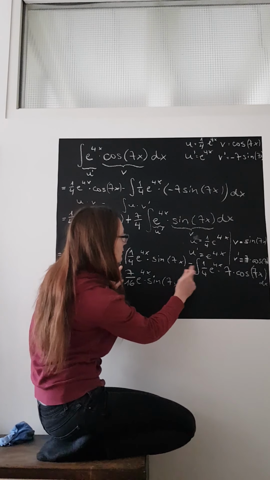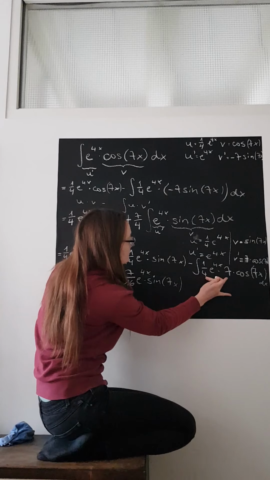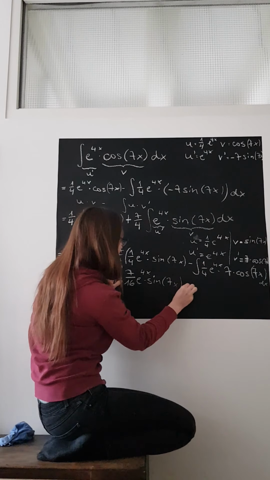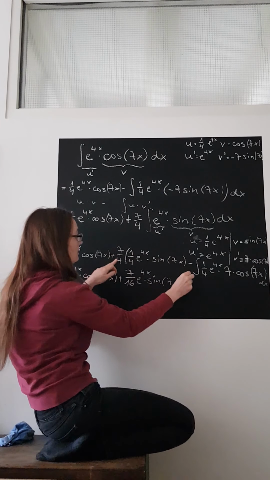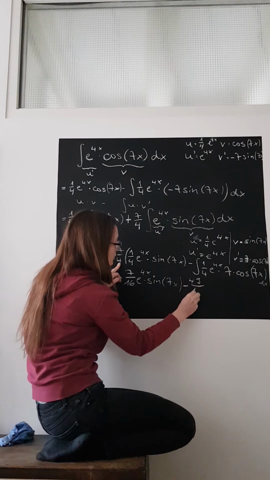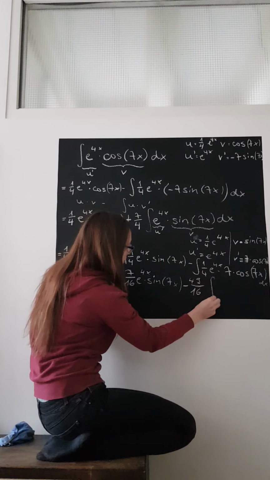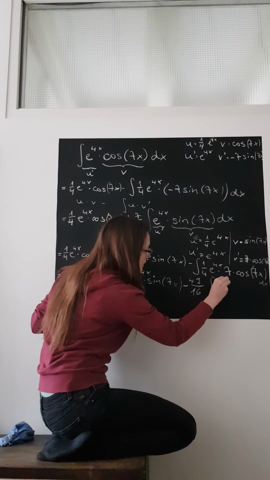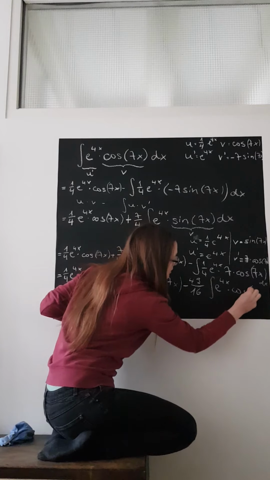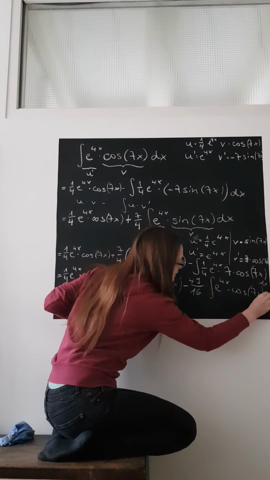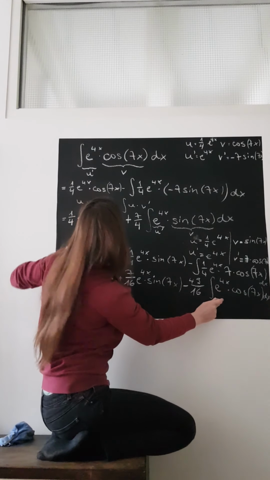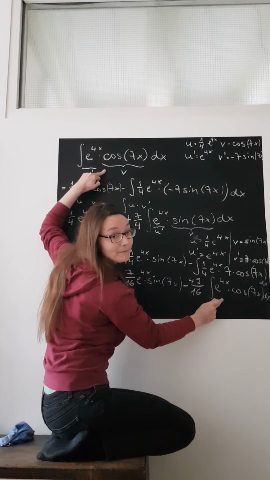And now the integral. Again, I get 7 quarters out. So I have minus times the factor here. 7 times 7 is 49, divided by 4 times 4 is 16. And the integral is e to the power of 4x times cosine 7x dx. And as promised, we are back to the original one.